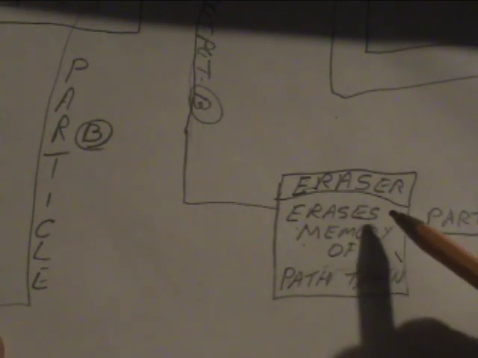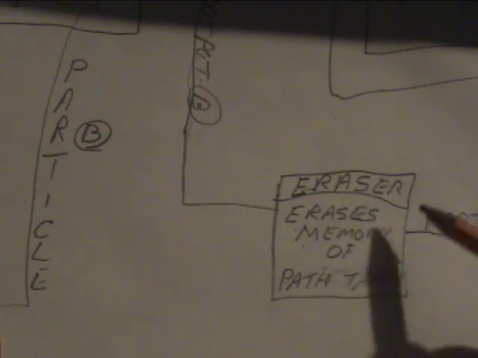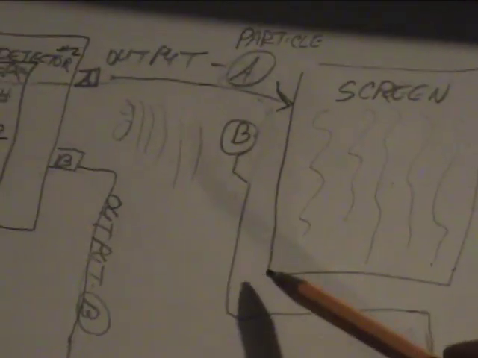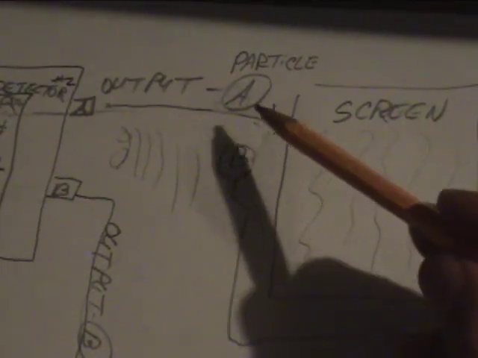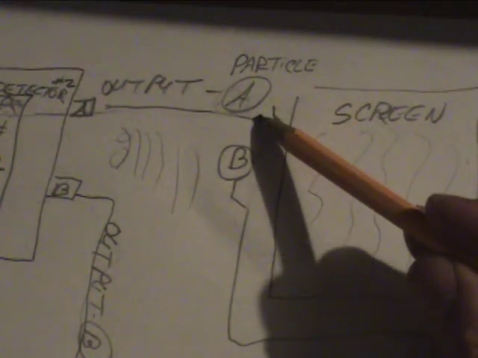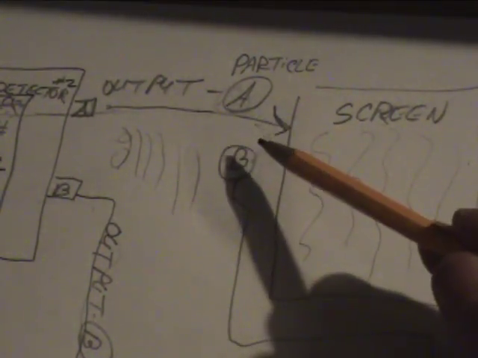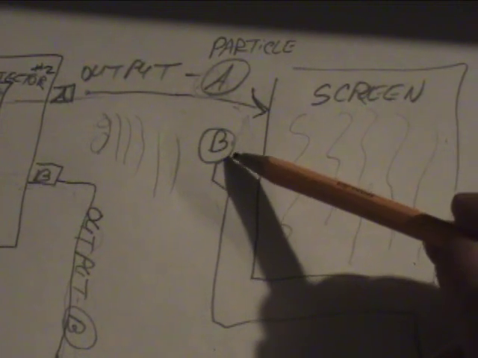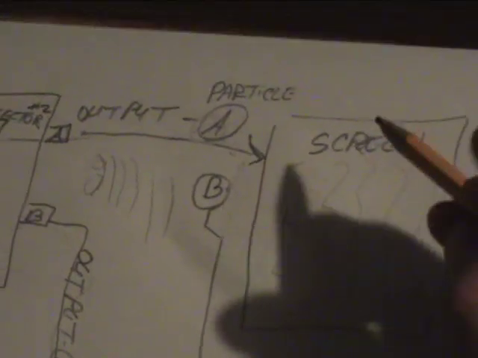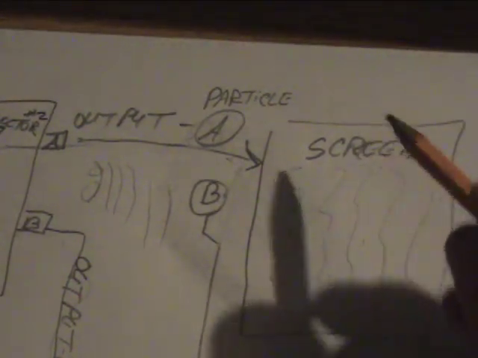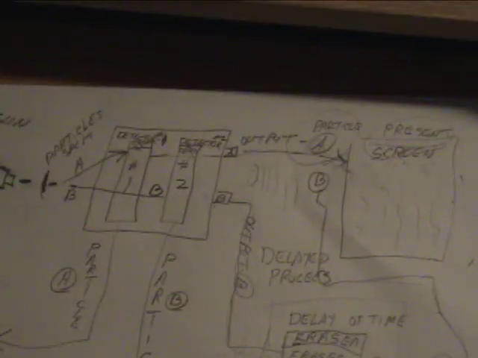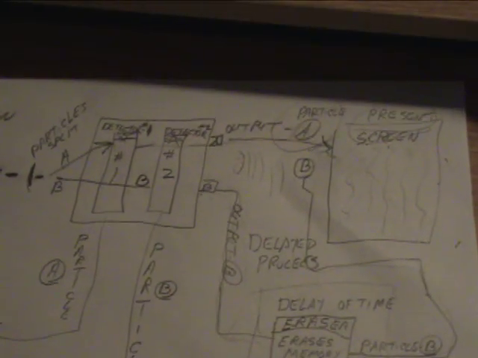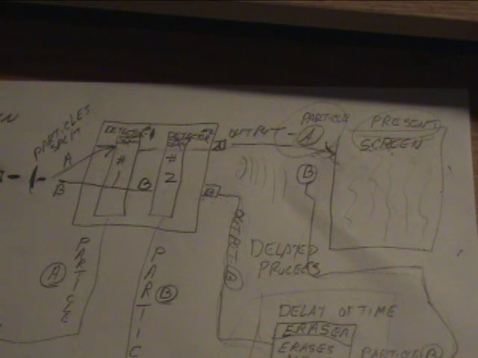So once it was finished being erased, it came back out, and then it communicated with particle A and created an interference pattern. Again, you must realize the significance of all of this.